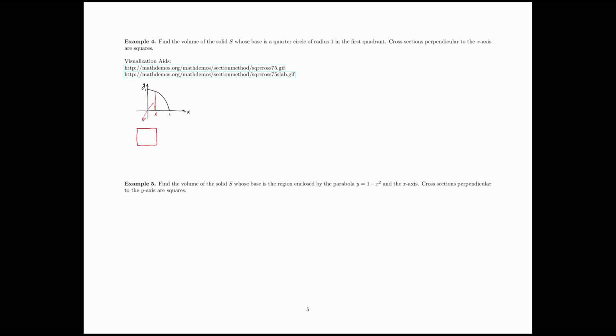So then this distance here, the length of this side, if we're at some x value, what is this side length? Well, it depends on what this y value is here, which depends on what this curve is. Since this is part of the unit circle, we know that the equation of the unit circle is x squared plus y squared equals 1.